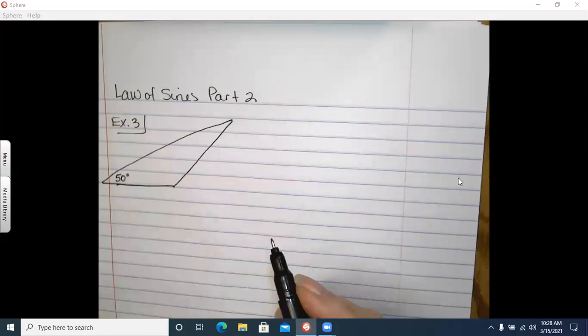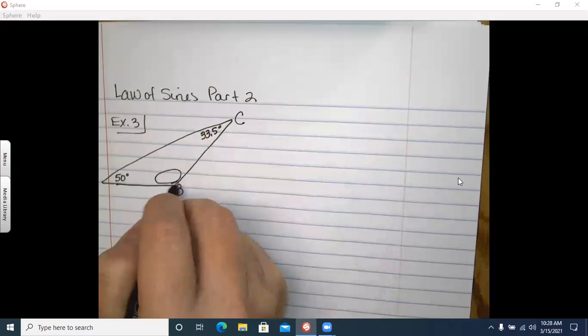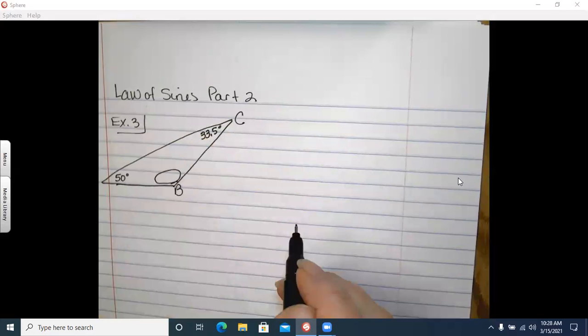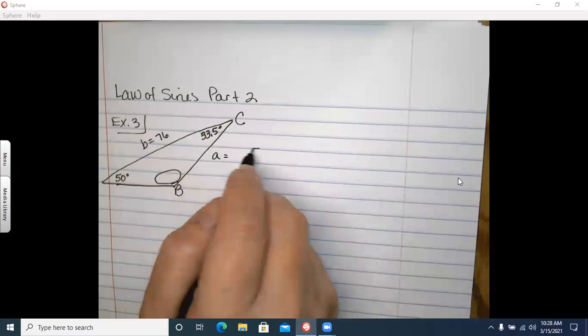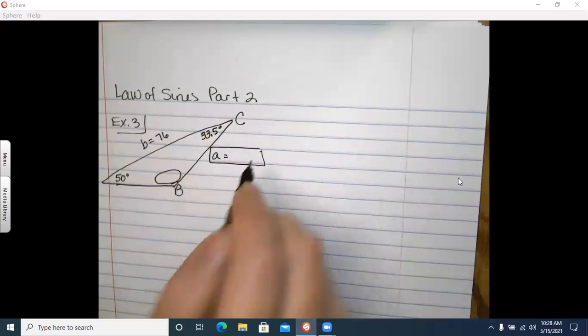We're given angle C is 33.5 degrees. I don't know angle B. I know side B is 76. I need to find side A, and I need to find side C.